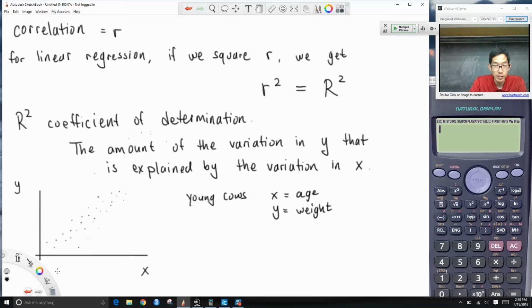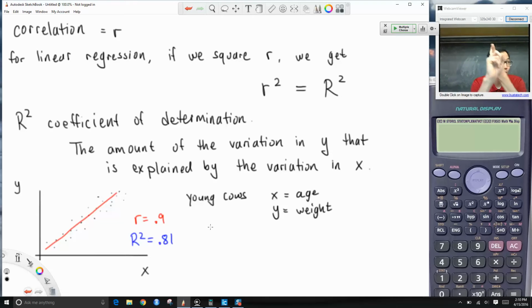And so here, perhaps R is equal to 0.9, and that means R squared is 0.81. What this R squared means is that, if you think about what goes into determining the weight of a cow, there are lots of things that could determine it.